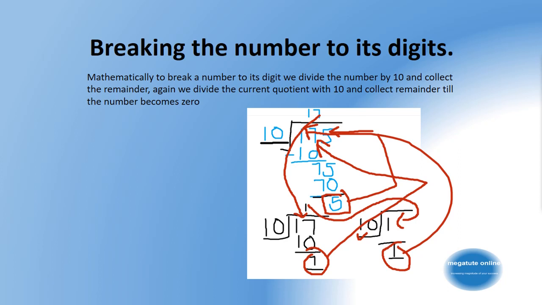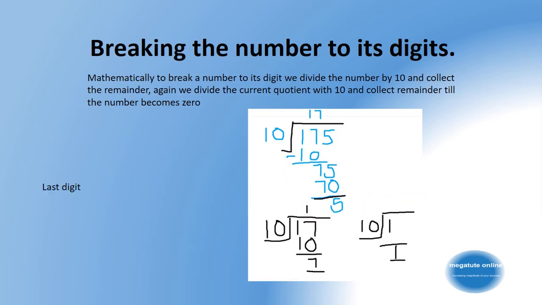Okay. So if you observe here, this is the last digit. I'll mark it. So the last digit 5 is this. Then the remainder which we got next is the second last digit, which happens to be the 7, which we got here, the second remainder.